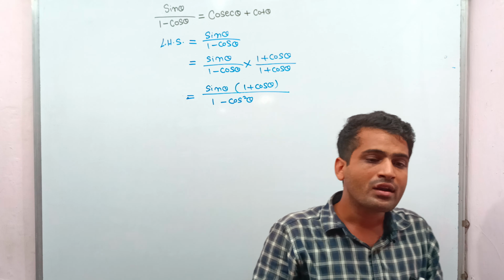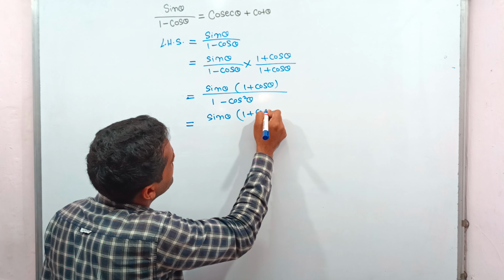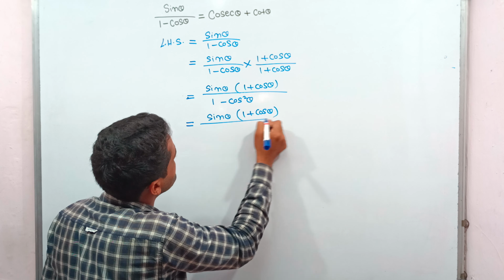And see here, sine theta and cos theta, this will multiply. Don't multiply it, because if you multiply, it will be difficult for you to solve. See here, sine of theta in bracket 1 plus cos of theta, as it is.